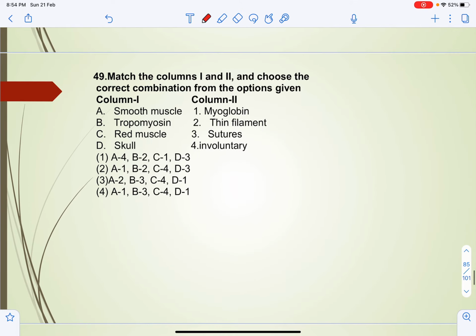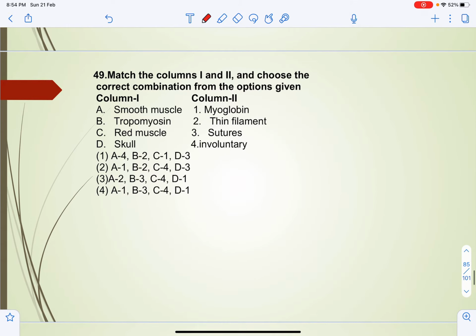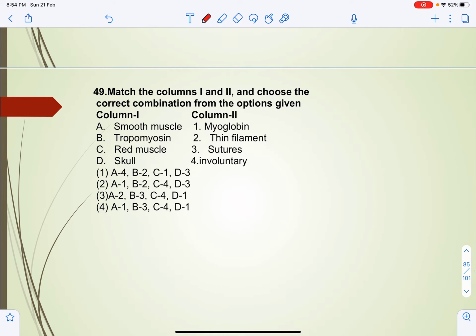Next question we can take, that is match column 1 and 2 and select the correct answer. Yes, just read out this question. Smooth muscles, we know that generally these smooth muscles are present in the visceral organs. They are involuntary. And tropomyosin is present in the thin filament associated with actin, right?